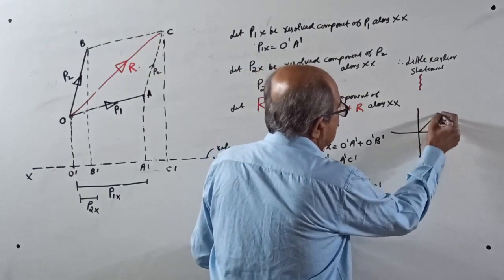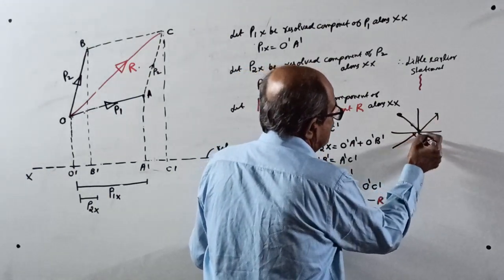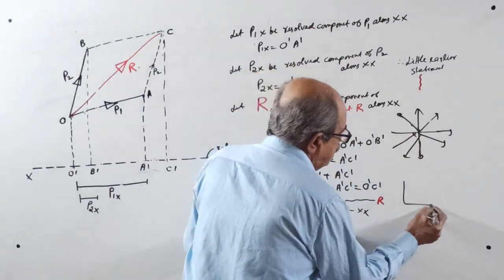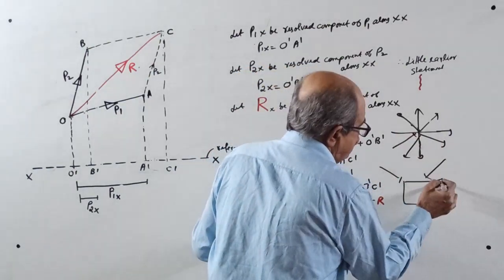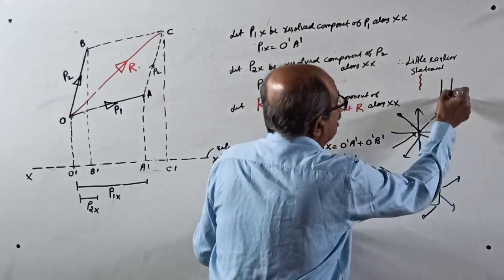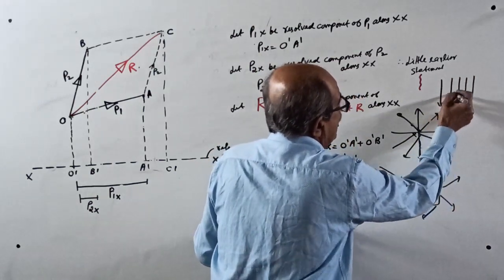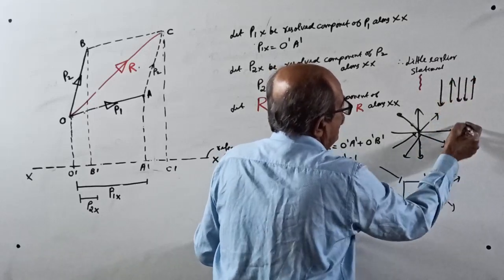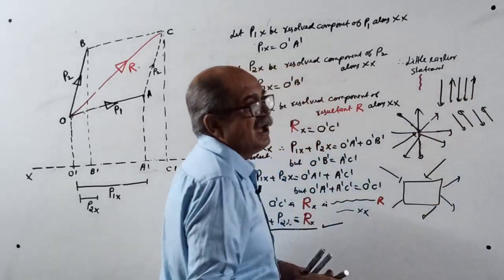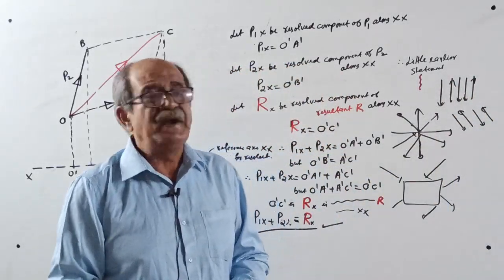Or a coplanar force system, any number of forces. Or a parallel force system. Some may be up, no problem. So all this we will cover in correct order, systematically.